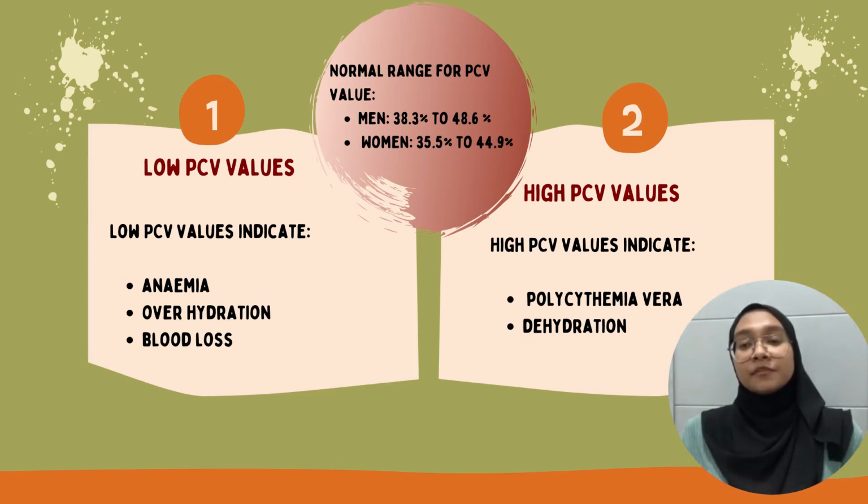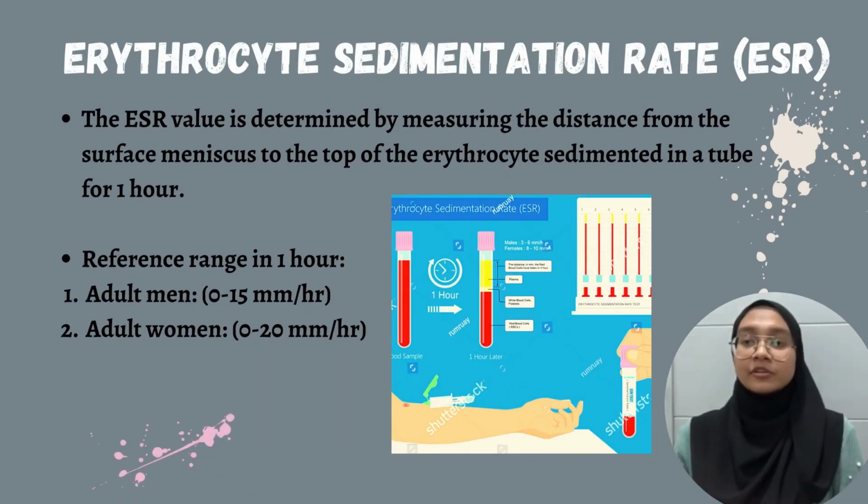If the PCV value is low, it indicates anemia, overhydration, and blood loss. However, a high PCV value indicates polycythemia vera and dehydration. For the next test, which is the erythrocyte sedimentation rate, or ESR, the ESR value is determined by measuring the distance from the surface meniscus to the top of the erythrocytes sedimented in a tube for 1 hour.